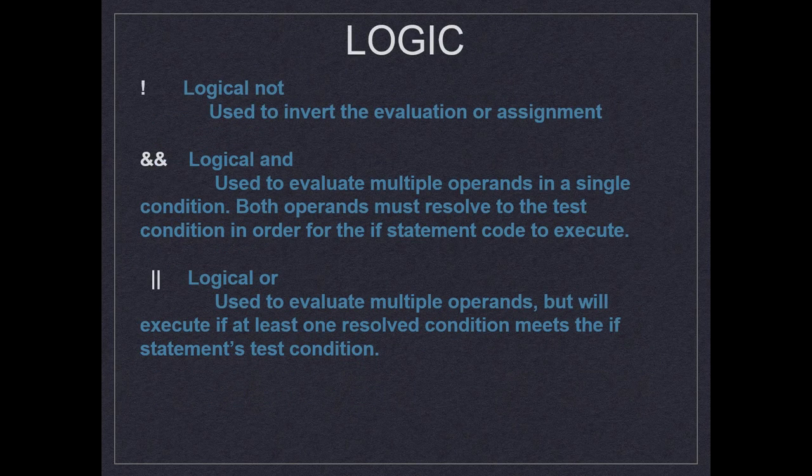So let's expand on the logical not, and, and or just a little bit more. The logical not is used to invert the evaluation or assignment. So it's an inversion. It does not mean change it to false. It's just whatever case we're currently evaluating, invert that. The logical and is used to evaluate multiple operands in a single condition, so the left and the right side.